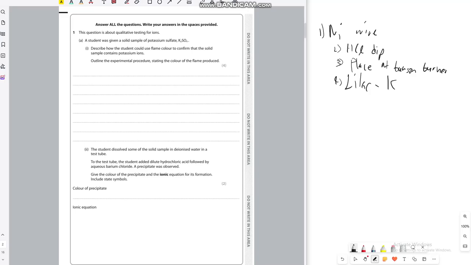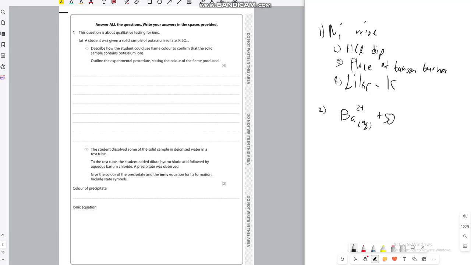So then I'll write the answer for that part here. Barium ions, it's barium 2 plus, aqueous. They say to include the state symbols also.